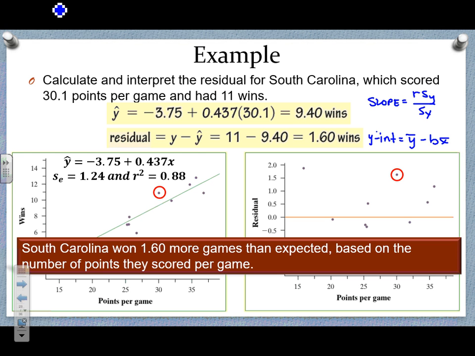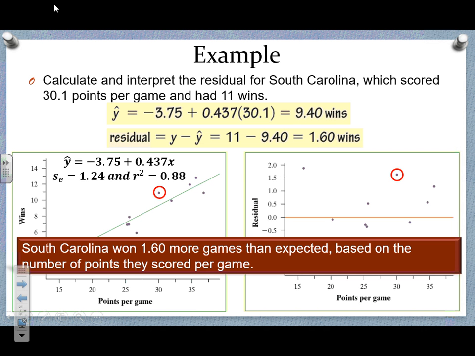Which, on a problem like this, I wouldn't recommend going through all those steps. Just plug in your calculator and do that linreg. So if they give you the data, you can plug in your calculator, do linreg, it'll tell you the slope and the y-intercept. So you would get this for your slope, this for your y-intercept that you plug in. Okay? So in this case, they just told us what it is instead of making us find it on our own.